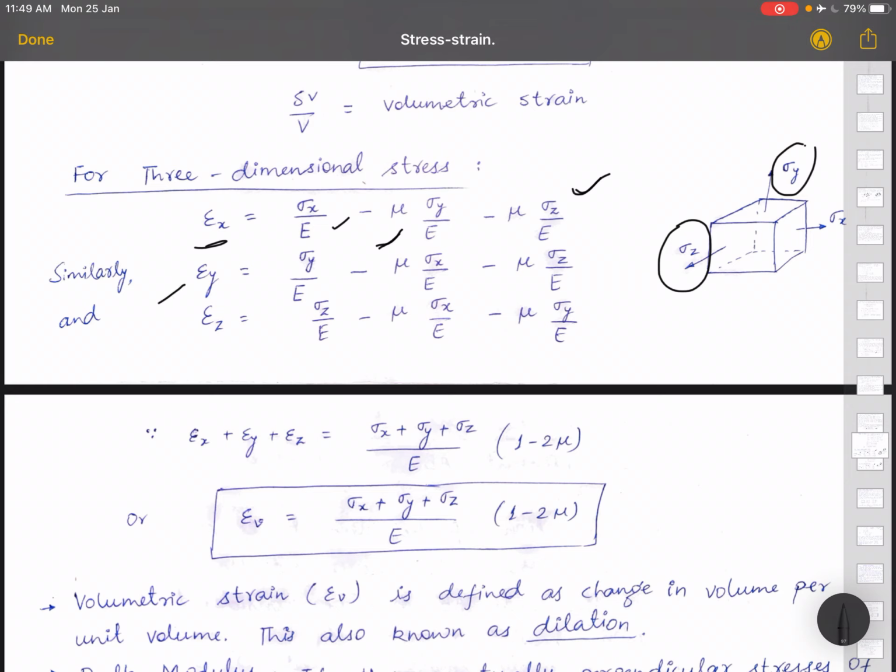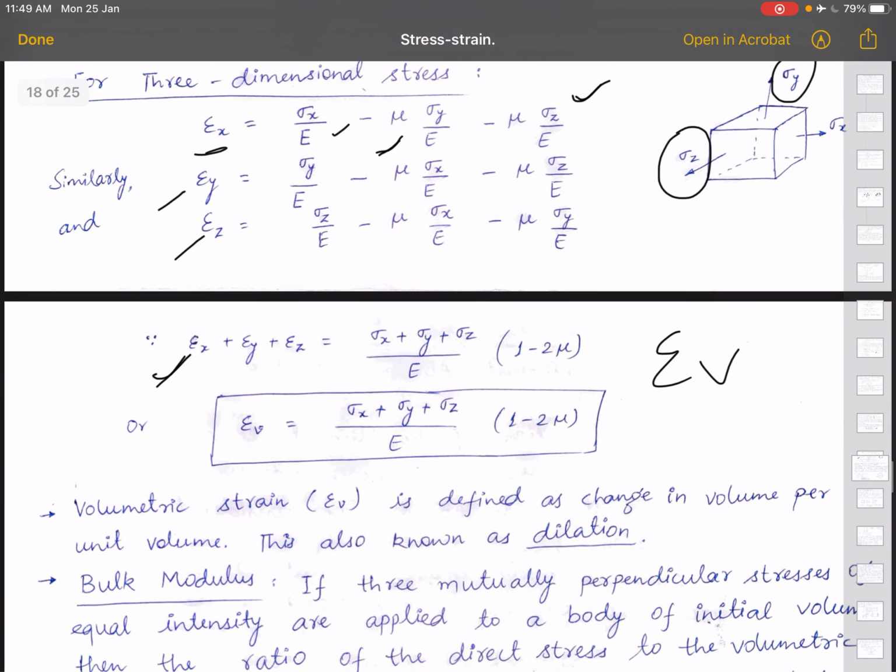Similarly, you can write epsilon y and epsilon z. This change in volumetric strain can also be expressed as epsilon x plus epsilon y plus epsilon z. So how much is it going to come? You just add all three equations.